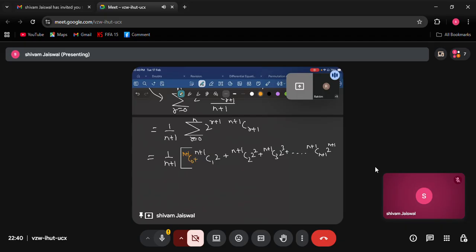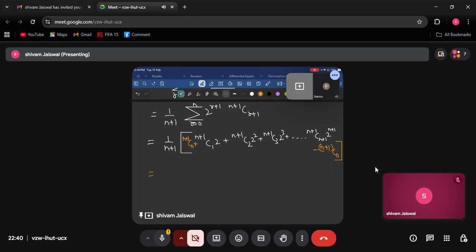So I'm going to add and subtract n plus 1 C0. Raktim, Shamita, Anandit, Devang, are you people getting it? So this will become 1 by n plus 1 within brackets, 1 plus 2 whole to the power n plus 1 minus 1.